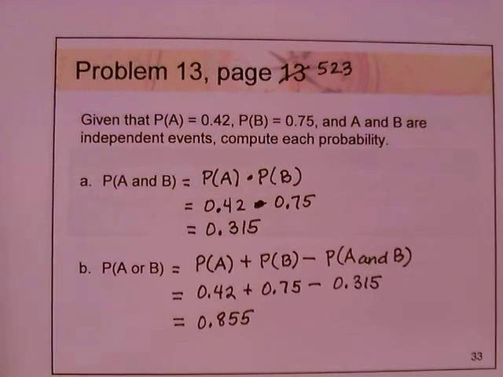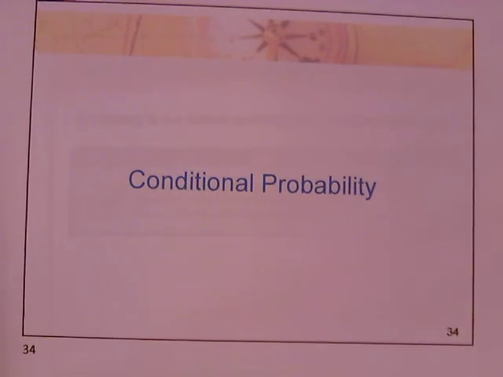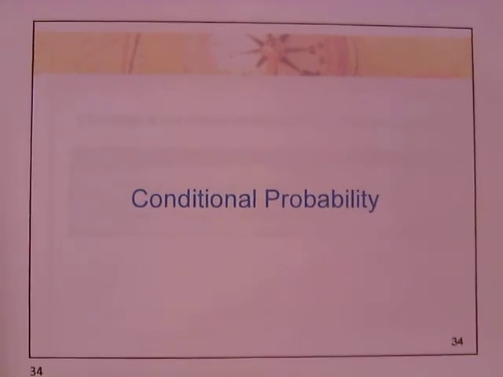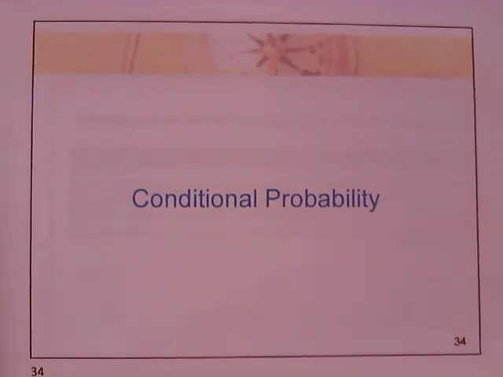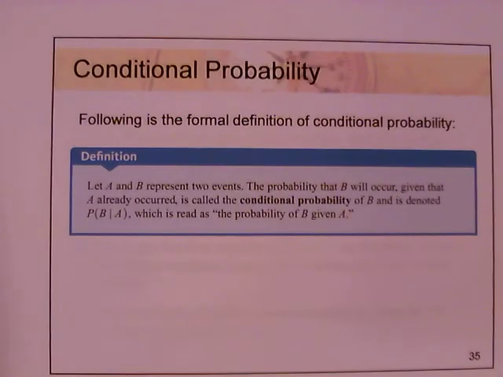All right, next we'll look at conditional probability and how to do those type of problems here that deal with conditional probability. Okay, here's a definition of what conditional probability is. We're going to let A and B represent two events.